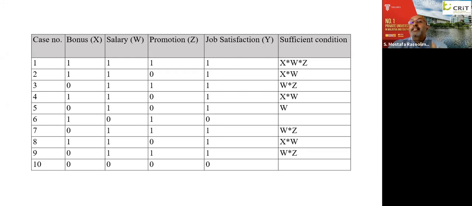So they are not sufficient conditions. So in QCA, we identify sufficient and necessary combinations of predictors to generate a high level of outcome.